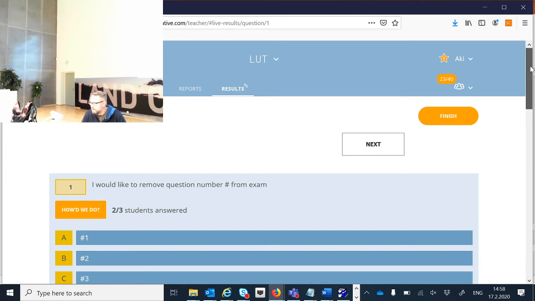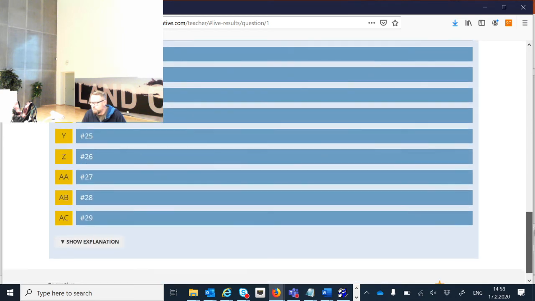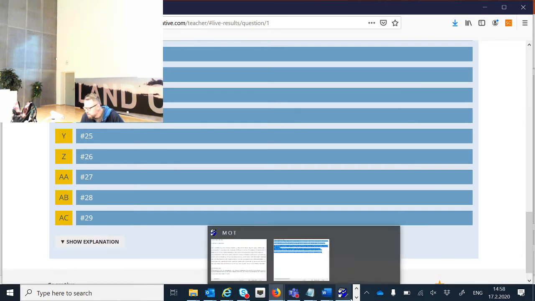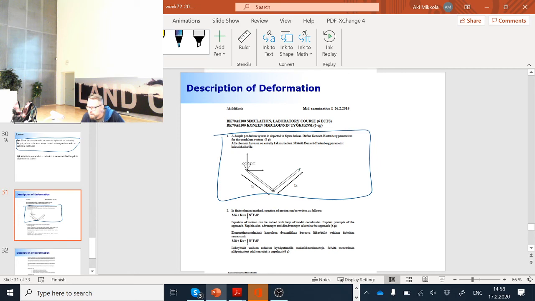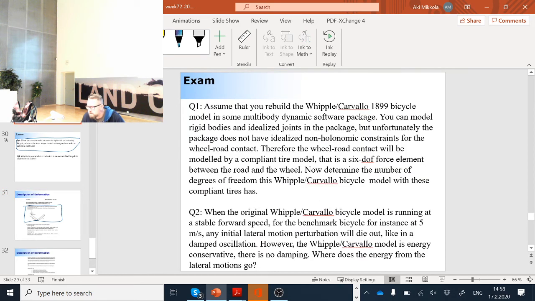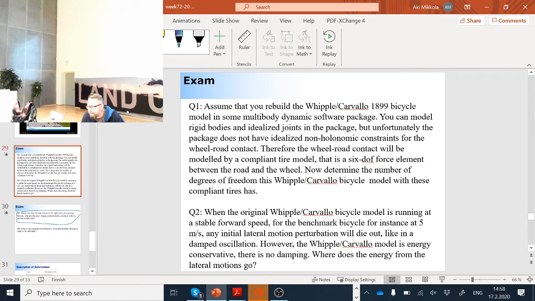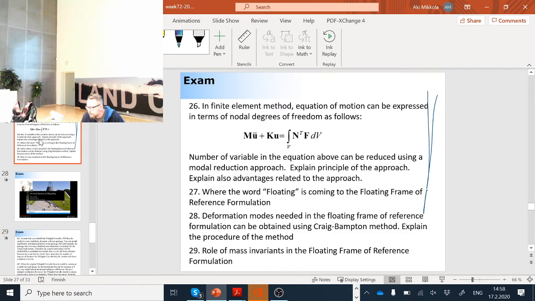And then you're just selecting the one that you want to remove. A total of 29? I thought 28. So is this wrong? The last one. Oh, no, 29. So now you just vote. Whatever it is that you want to take off.